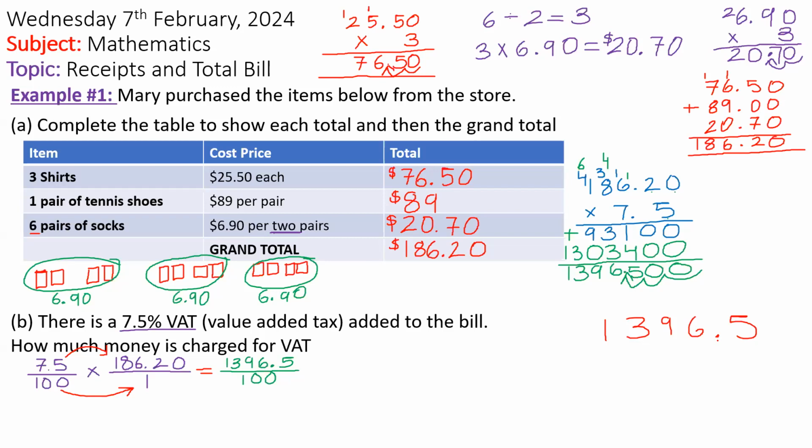Do you think you move it 2 times to the left or 2 times to the right? Whenever you're dividing by 100, what are we going to move the decimal point over by? Put your answer inside the chat for me. Let me know what your answer is going to be.